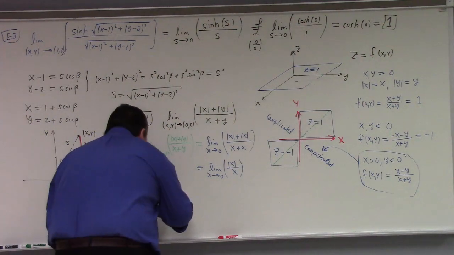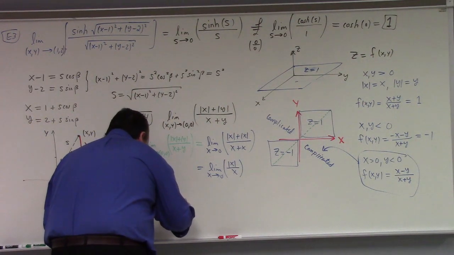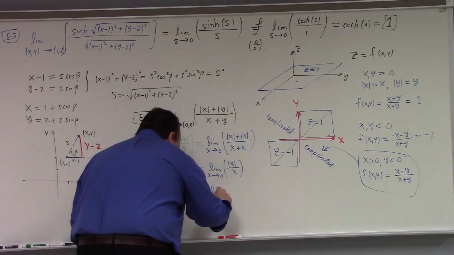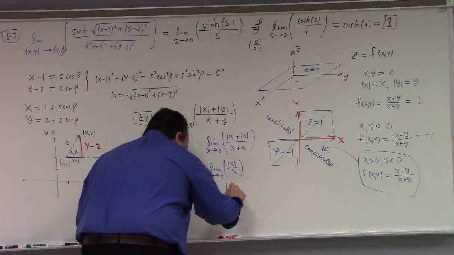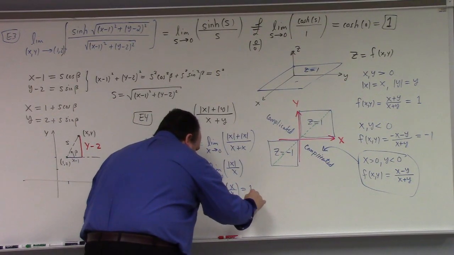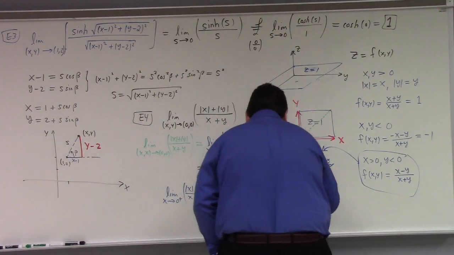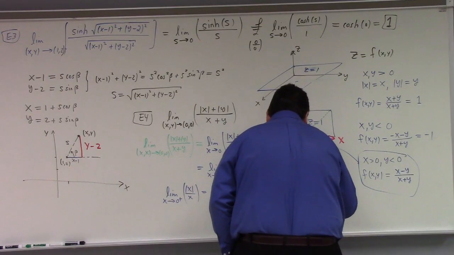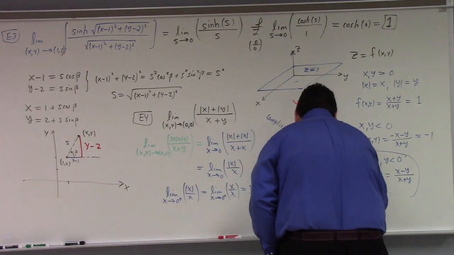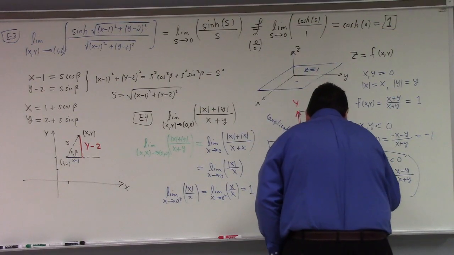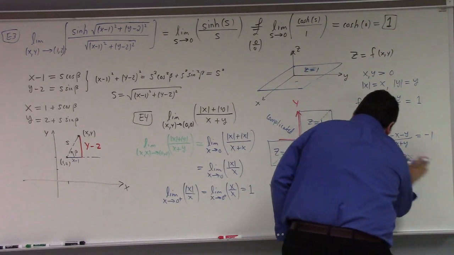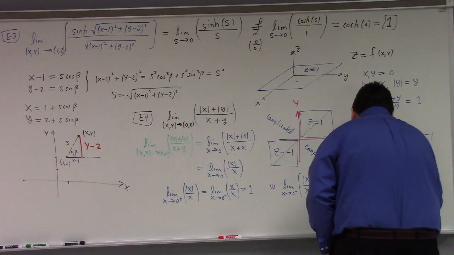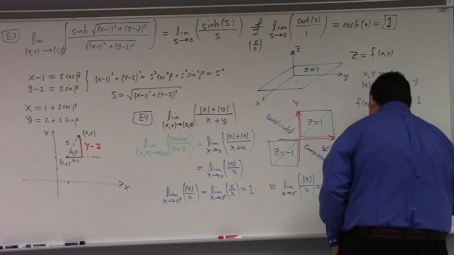But remember the deal. The limit as x goes to 0 from the right of absolute value of x over x is 1, because that's x over x, which is 1. Versus the left limit, we have absolute value of x over x equal to the limit as x goes to 0 from the left of minus x over x, which is the limit as x goes to 0 from the left of minus 1, which is equal to minus 1.